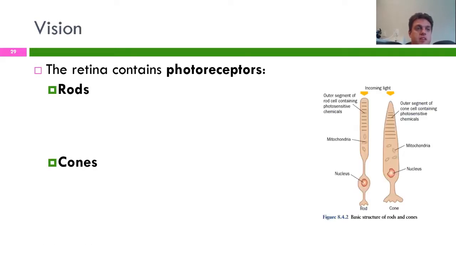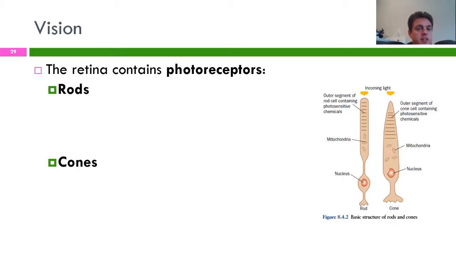These are basically things that are going to receive that light and then end up stimulating the optic nerve, and then it's going to go all the way to your visual cortex, occipital lobe, and that's how you see, basically. But like I said, before all that electrical stuff happens, the retina is going to need to receive that light. Okay?